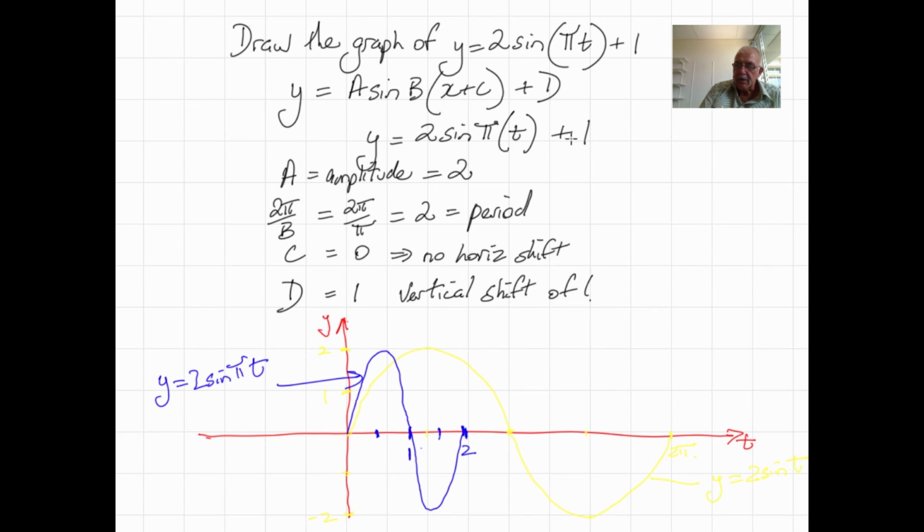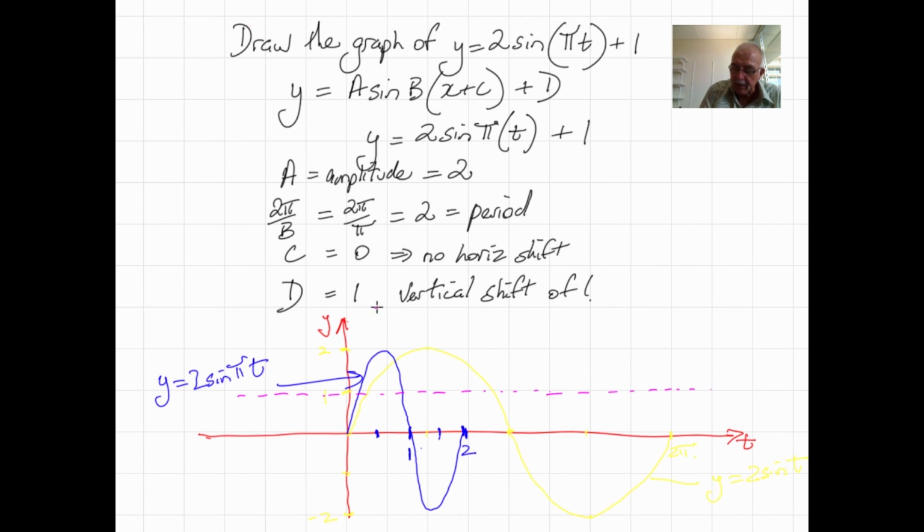Finally, we've got to take into account that we've got a 1 vertical shift. So instead of my equilibrium line being there, my equilibrium line will now be, let's go for purple, eh? So here is my equilibrium line. So my graph is going to oscillate around that, and it's going to go 2 units high.